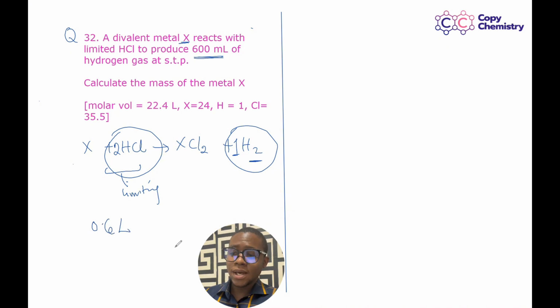And we know that at STP, 1 mole of hydrogen gas occupies 22.4 liters.